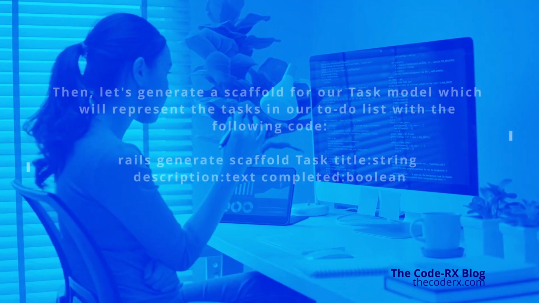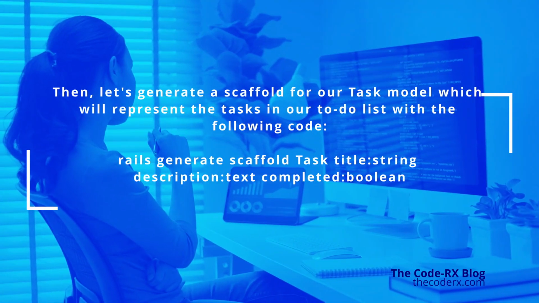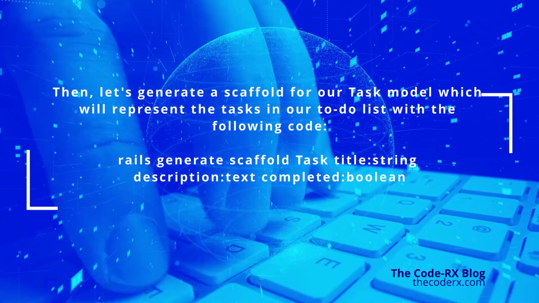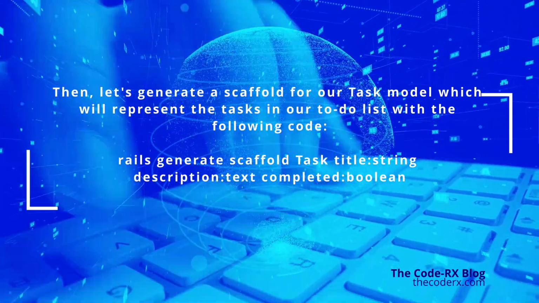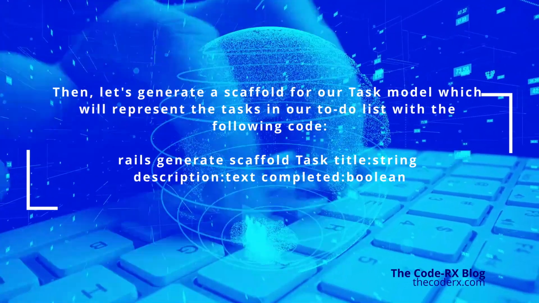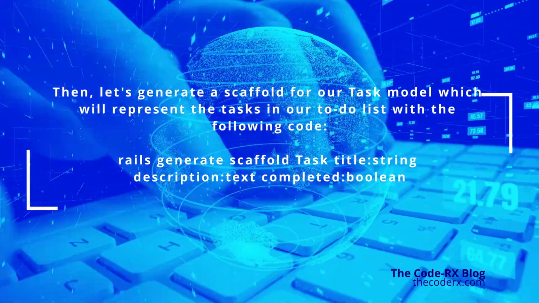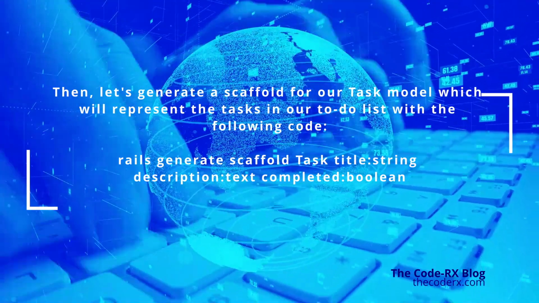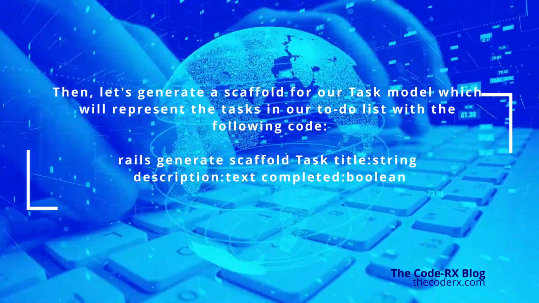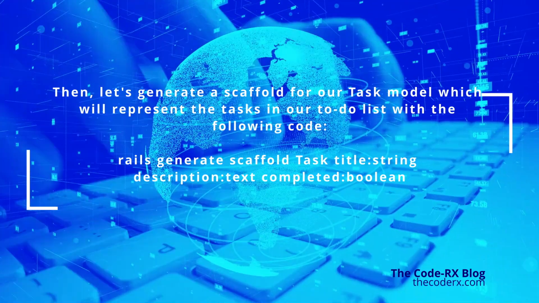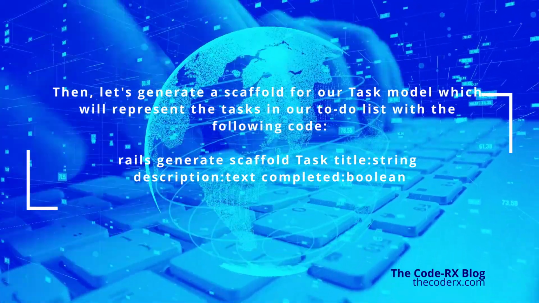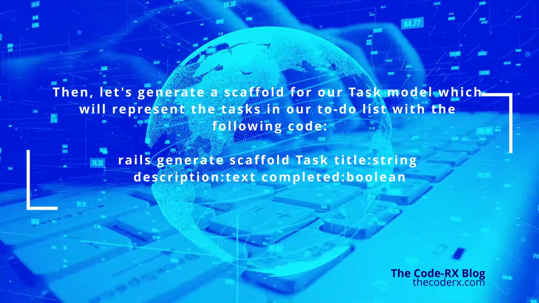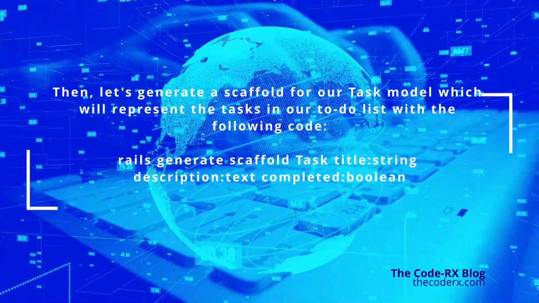Then let's generate a scaffold for our task model, which will represent the task in our to-do list. We're going to type the following code: rails generate scaffold task title:string description:text completed:boolean.